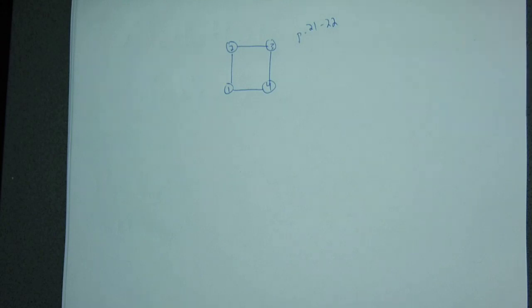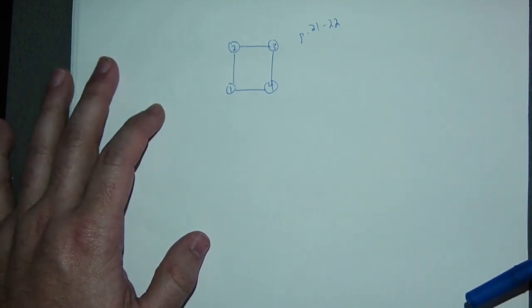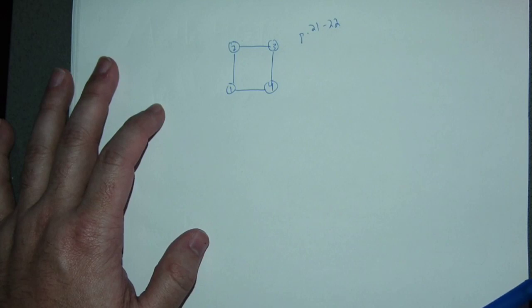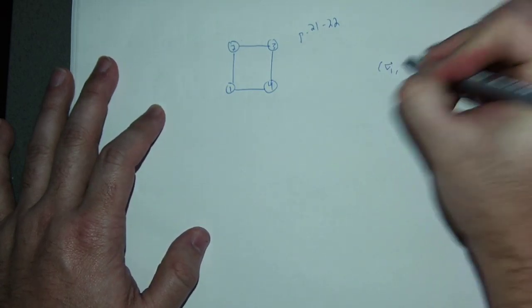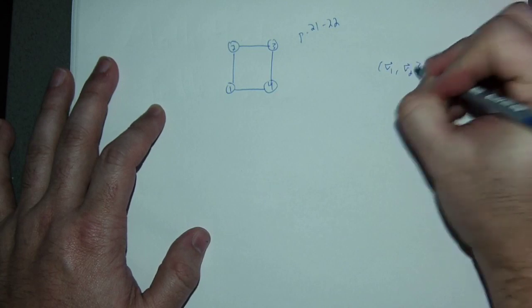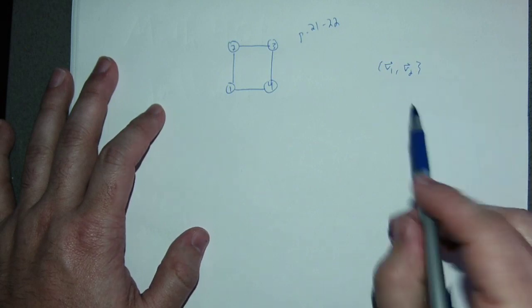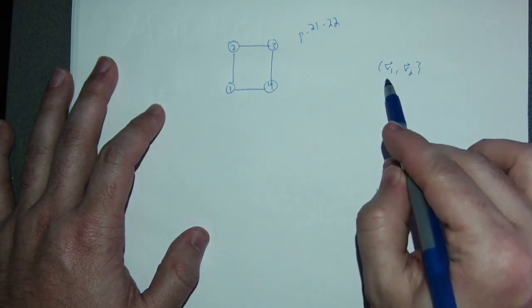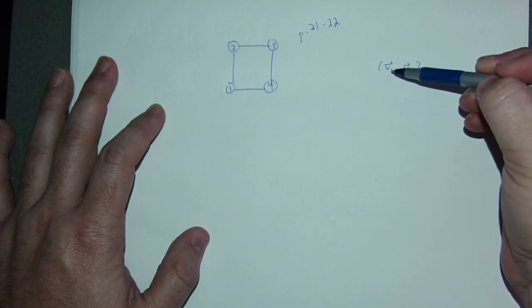So when you have a 2-dimensional subspace, you have 2 of these vectors. I'm just going to call them V1 and V2. So this is a spanning set for that Fiedler space. In order to exhaustively list out all the possible partitions, you could consider vectors that are a constant multiple of V1.